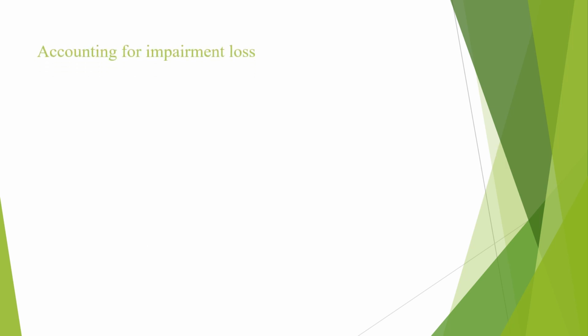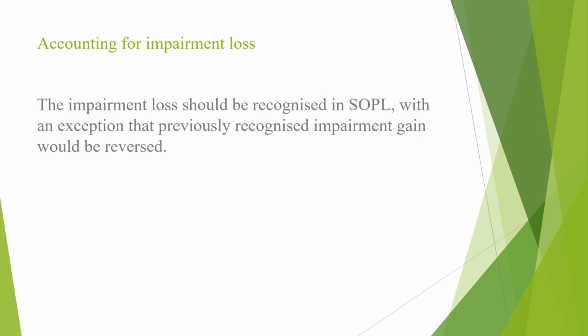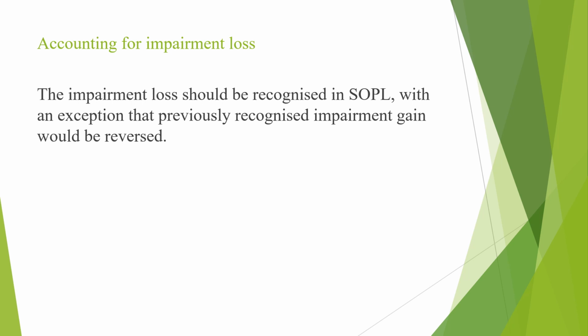Okay. Now, how do you account for this impairment loss? The impairment loss should be recognized in the statement of profit or loss. If there is a previously recognized revaluation gain, then this impairment loss would be adjusted against that revaluation gain.